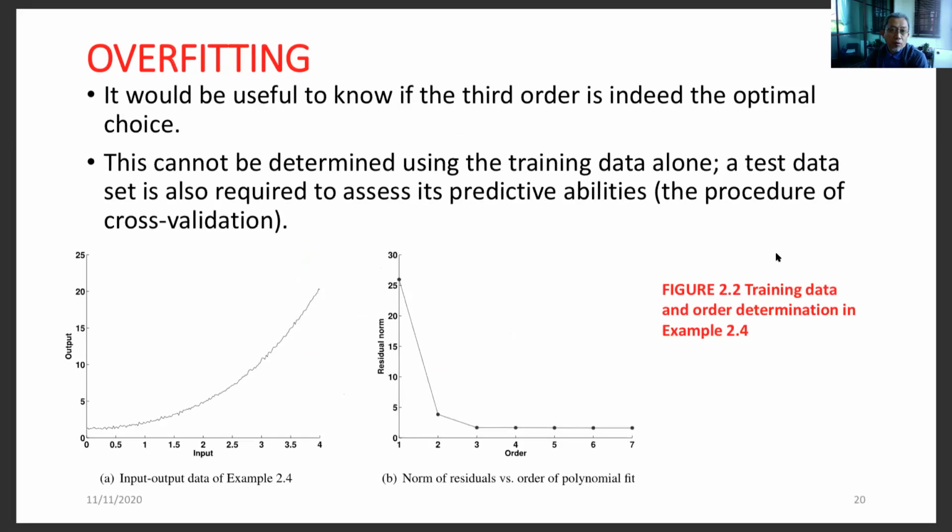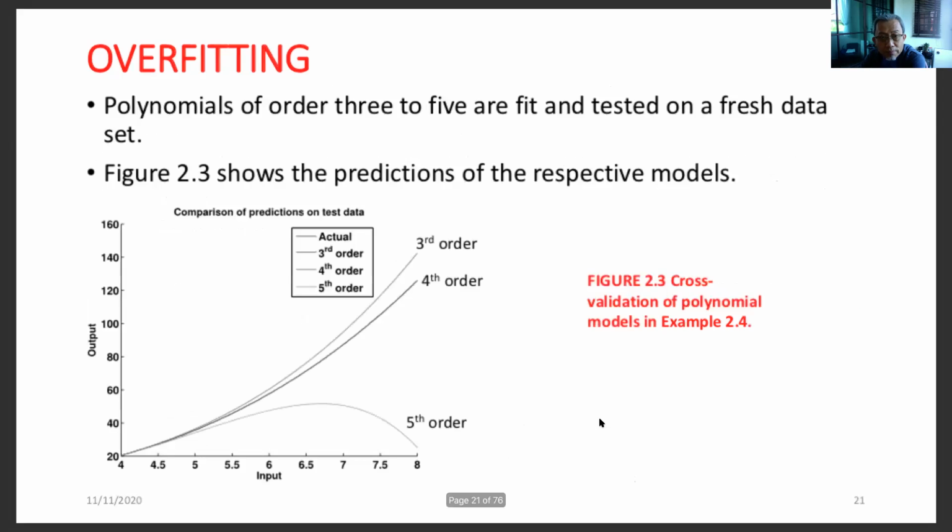So it would be useful to know if the third order is indeed the optimal choice, but this cannot be determined using the training data alone. So a test data set is also required to assess its predictive abilities. We call this the procedure of cross validation. So this is the data that we showed previously, and this is the norm of residuals versus polynomial order fit.